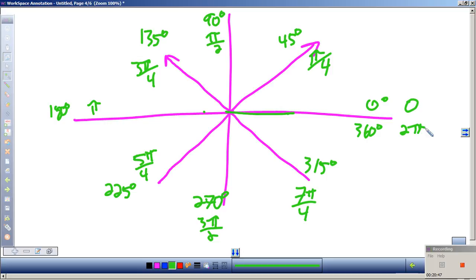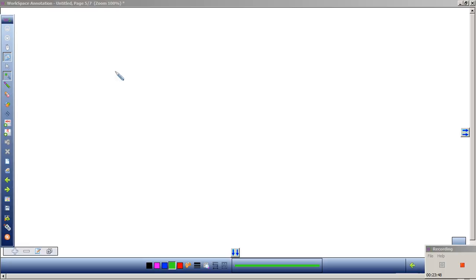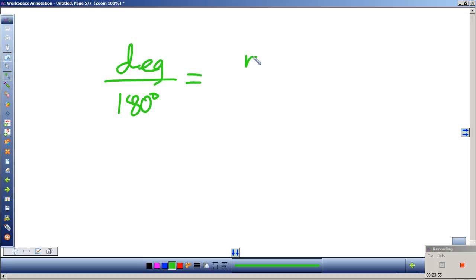Now for the numbers that are not so nice. What if I said convert 23 degrees to radians? There's a nice formula for you to memorize. What is equivalent to 180 in radians?